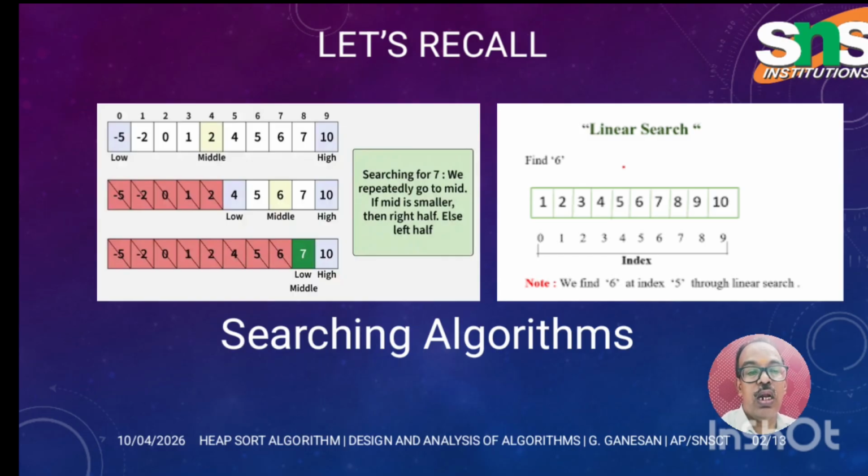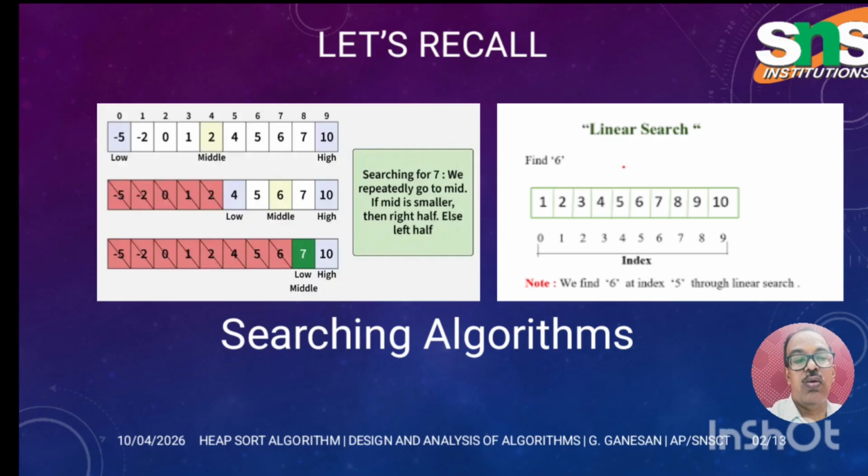If the element is on the left side of the middle element, we search only the left part. If the element we are finding is greater than the middle element, we go to the right side. So the entire array is subdivided into two parts. This algorithm is better than linear search.